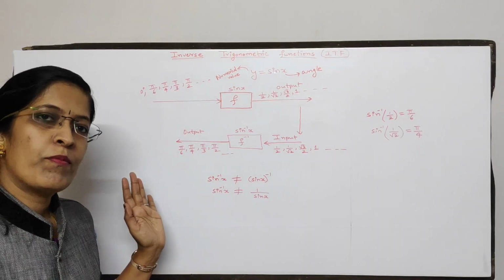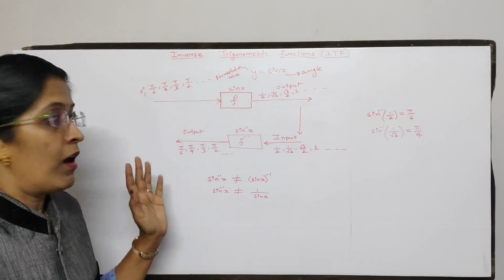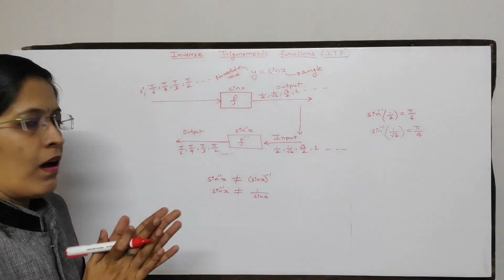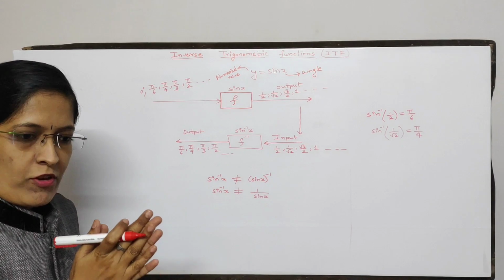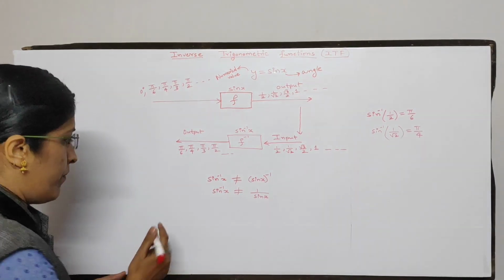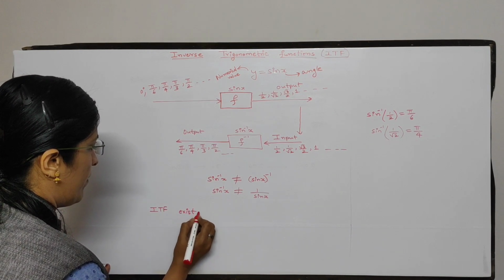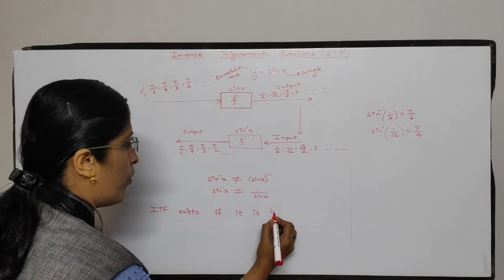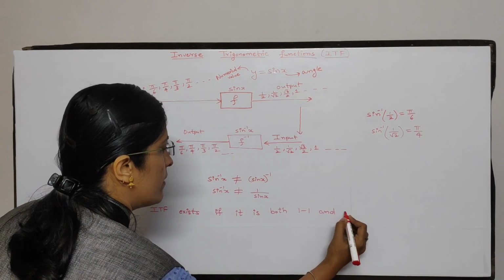Now we have certain properties to be remembered here. The first and basic property of inverse trigonometric functions is how the function exists. The inverse trigonometric function exists if it is both 1-1 and onto.